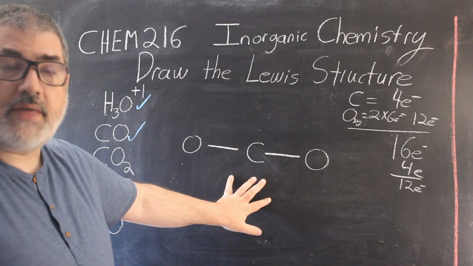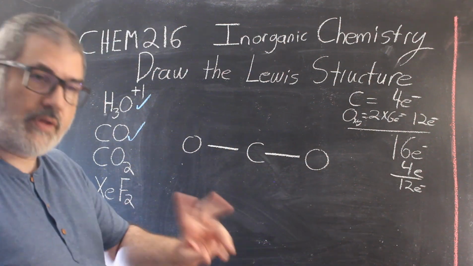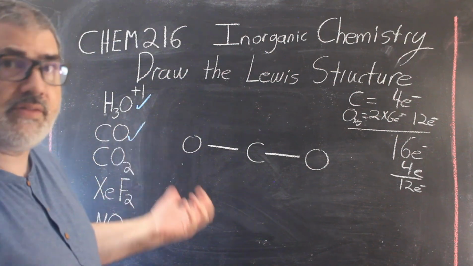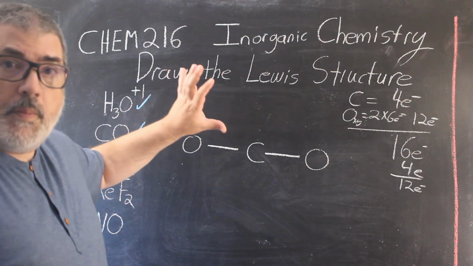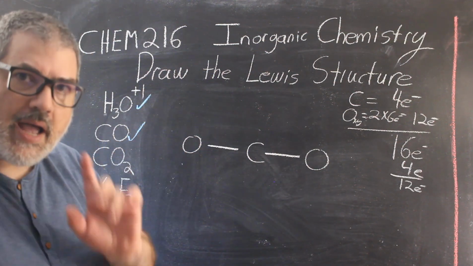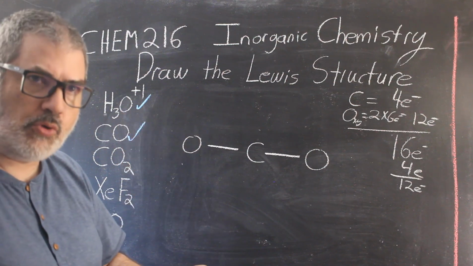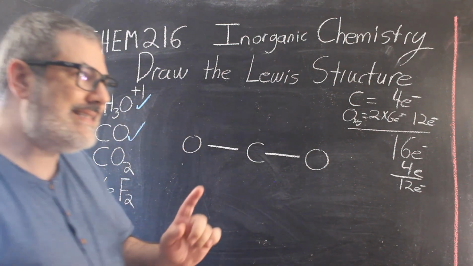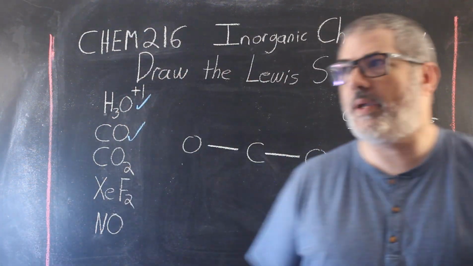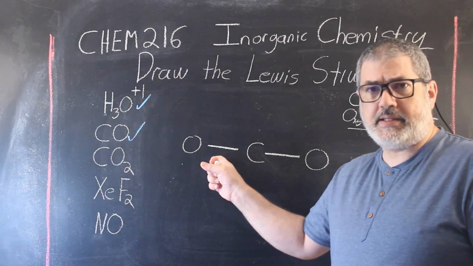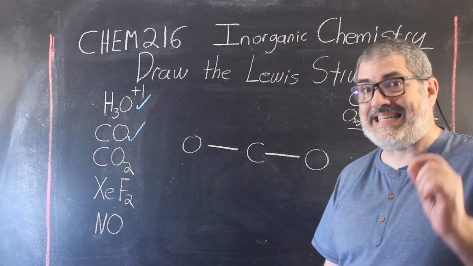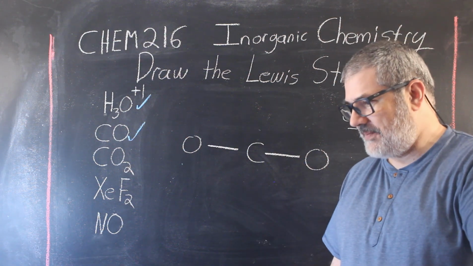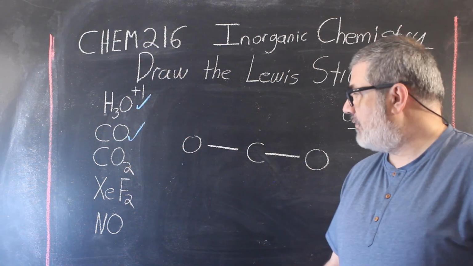So they're bound together. Now, there are two ways you could do this. You could start putting in multiple bonds if you think it's going to need multiple bonds, or lone pairs. I prefer first put lone pairs, then worry about multiple bonding. And the reason I say that is from experience, if you put a double bond in here or a triple bond and it's not supposed to be there, there's this inertia of erasing it.